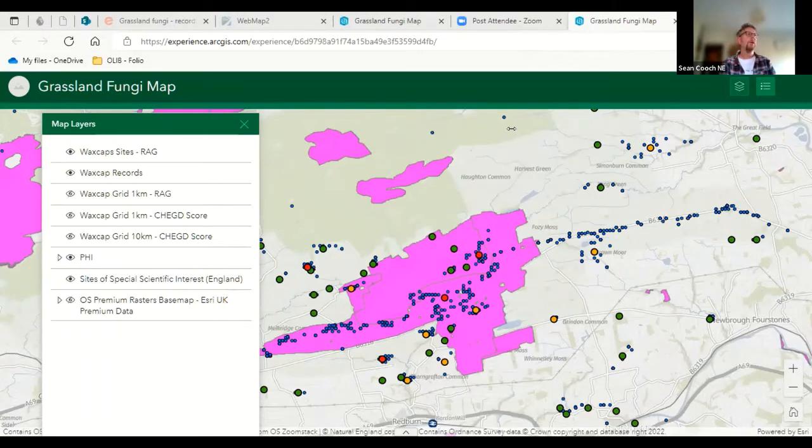Well, interestingly, we are trying to see if there is preferential vegetation types, and I will stick my neck out a little bit here and say that lowland acid grassland types seem to hold the best assemblage, but quite frankly, those sites that have got acid grass and calcareous grass and neutral grass invariably are going to be the richest, and I think that's probably a reasonable assumption.